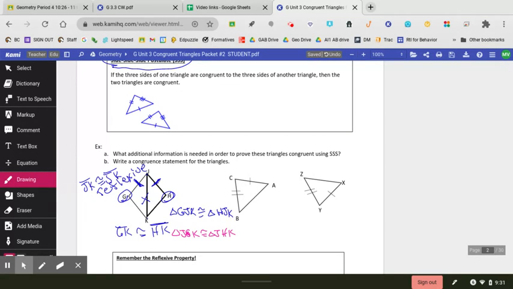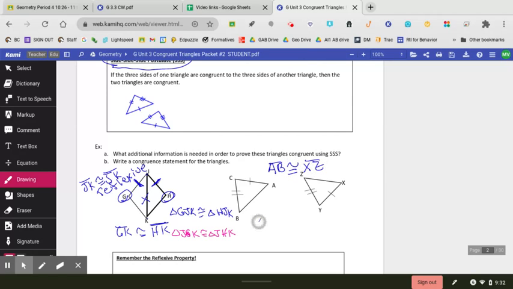So I want you to pause and try to figure out what I need to know in the second set and what our congruent statement is. Okay, so what I would need to know here is that AB is congruent to XZ.